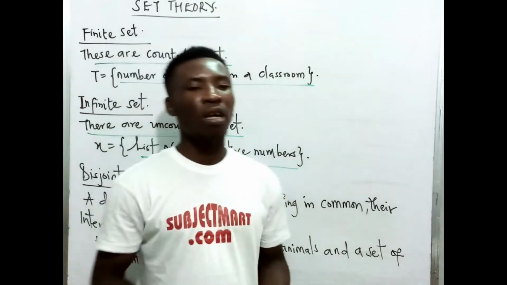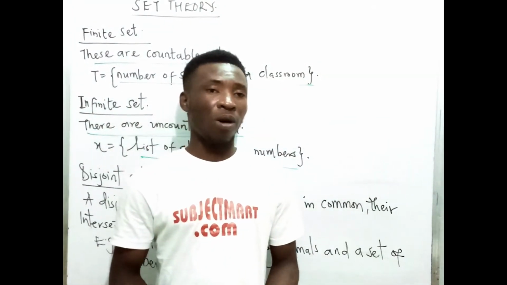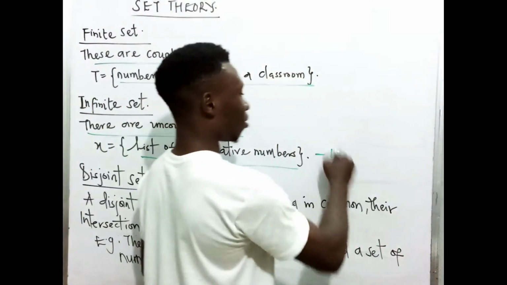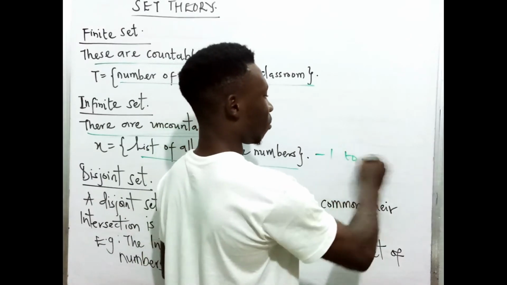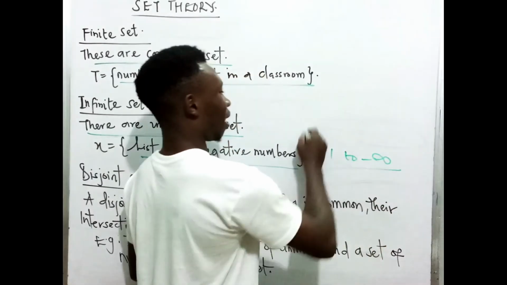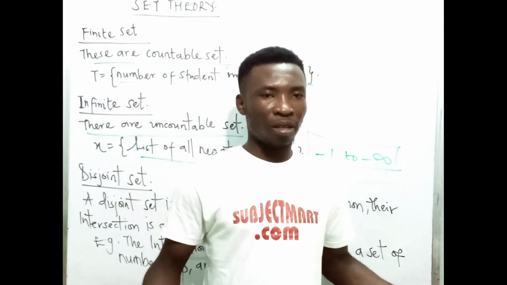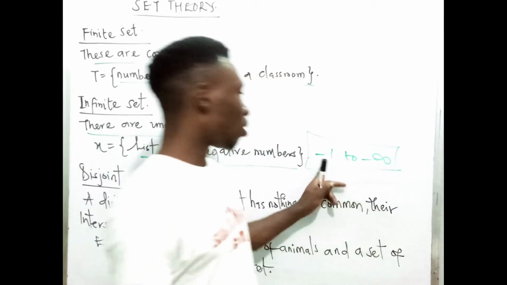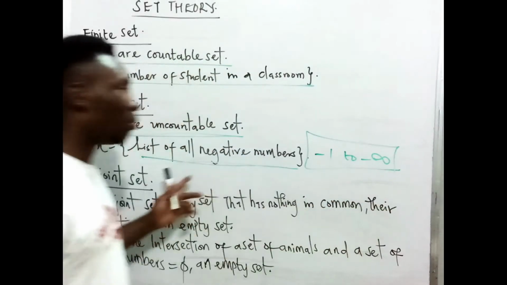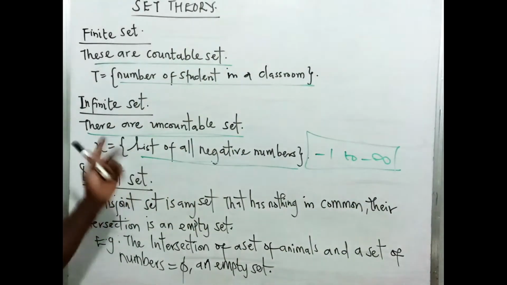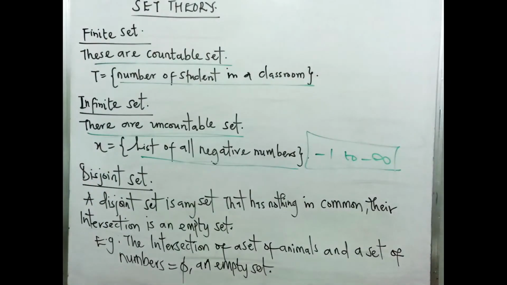If I ask you to list every negative number for me, wow. You are starting from -1 to minus infinity. Now, infinity is indeterminate. You cannot determine infinity. So -1 to negative infinity cannot be counted. So a set of all negative numbers cannot be counted.